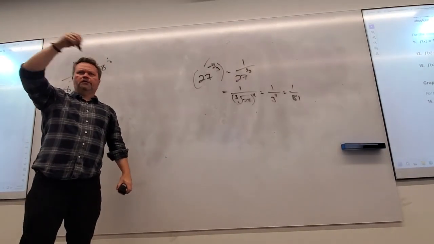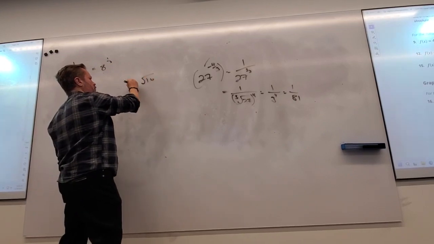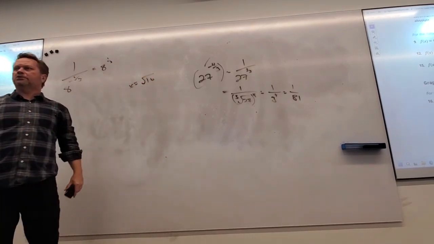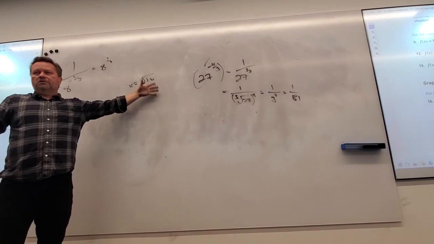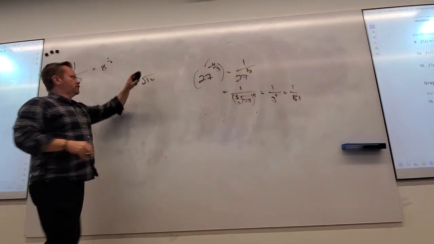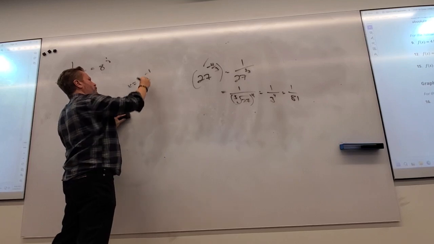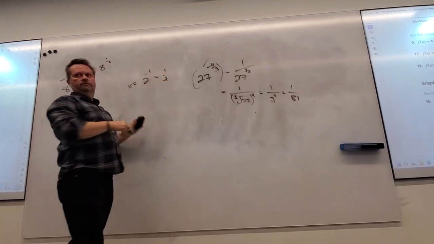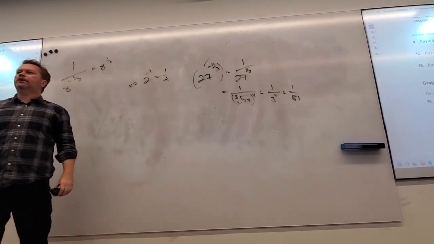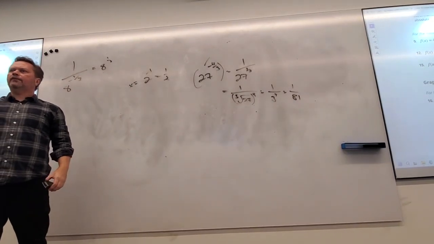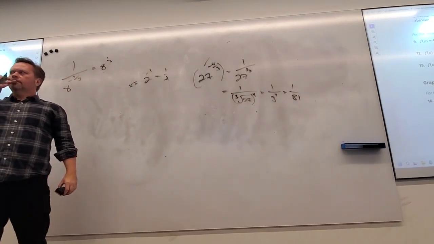If you tell me the answer is square root of 16, you might be technically correct, but why would you lose a point maybe? Because you could do the square root of 16. So if you tell me the answer is 2 to the negative 1, well, you could flip it. We always do all the stuff we can do. So we don't leave negative powers.